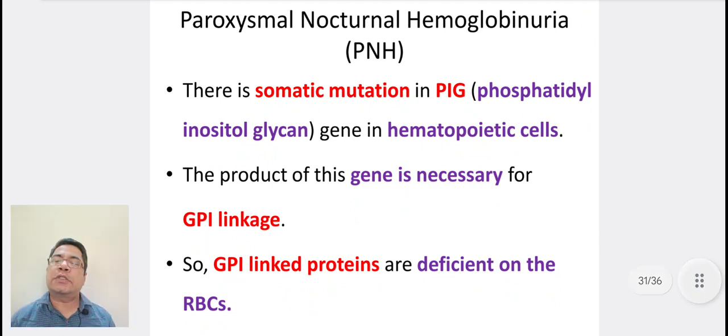Coming to paroxysmal nocturnal hemoglobinuria. There is a somatic mutation in PIG, that is the phosphatidyl inositol glycan gene, in the hematopoietic cell. The product of this gene is necessary for GPI linkage. So GPI linked proteins are deficient on the RBCs.